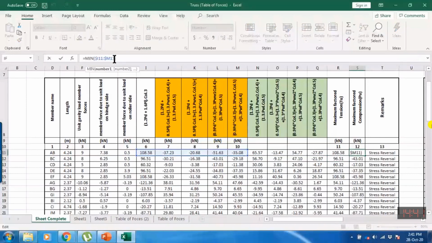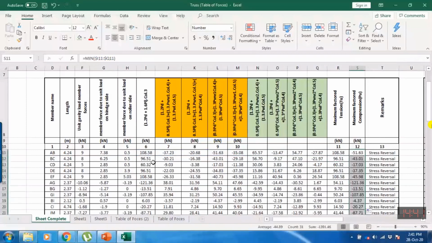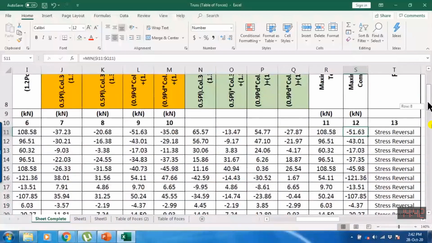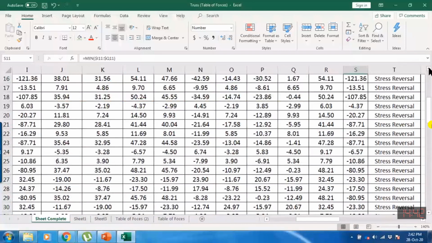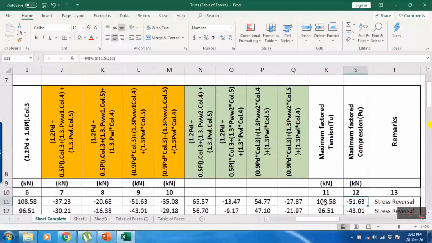So the minimum force will come over here. So the maximum tension in different load combinations will come in this column, and maximum compression in any load combination will come here. So what does it mean? It means that this member, due to different load combinations, may be subjected to tension in one load combination, and due to the wind load combination, it is subjected to compression.